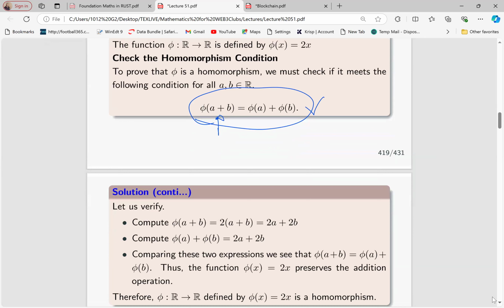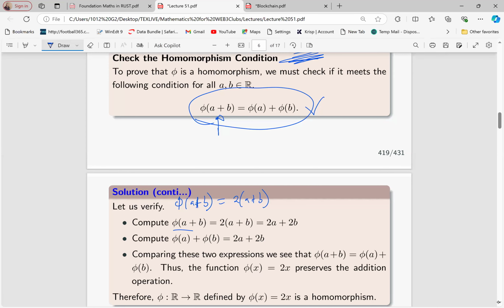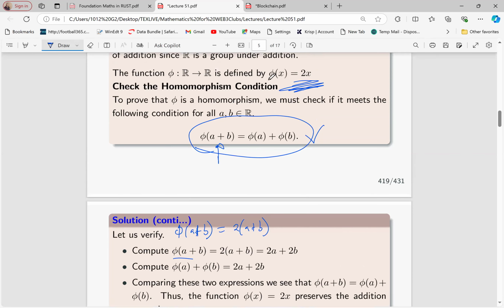Let's begin with the left-hand side. Left-hand side, phi of A plus B, by this definition is supposed to be 2 times A plus B. By this definition, if you have an x, it will be mapped to 2 times x.